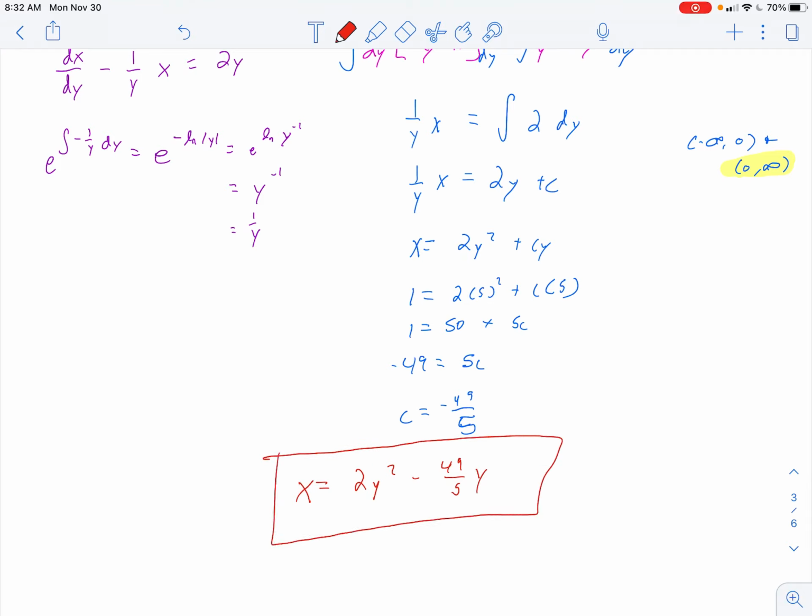And so there's the solution to our differential equation, where again we're from 0 to infinity.